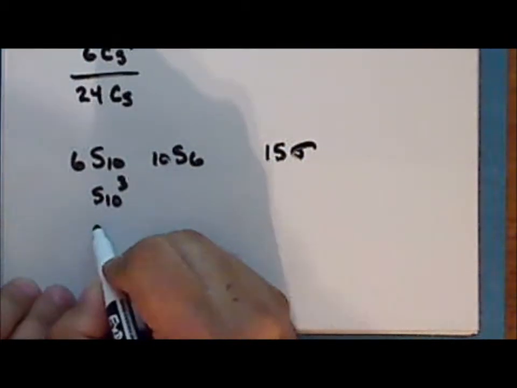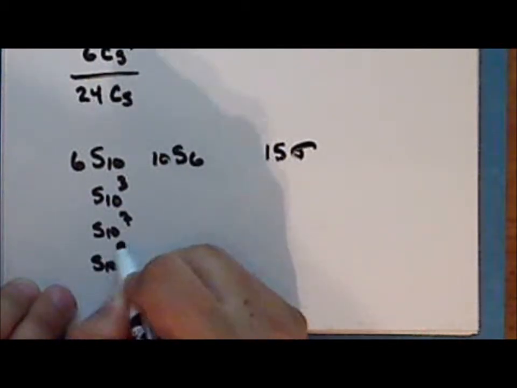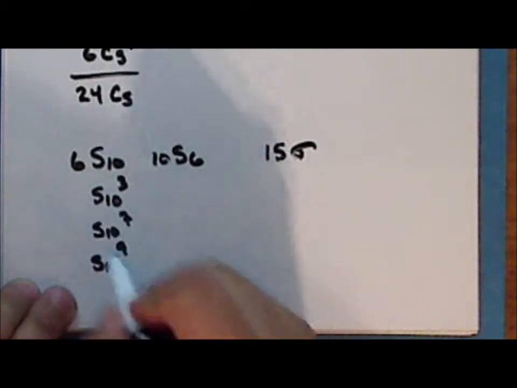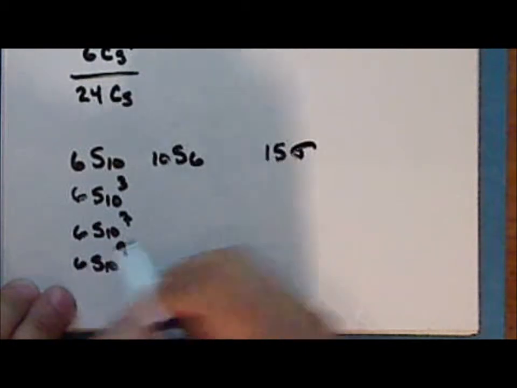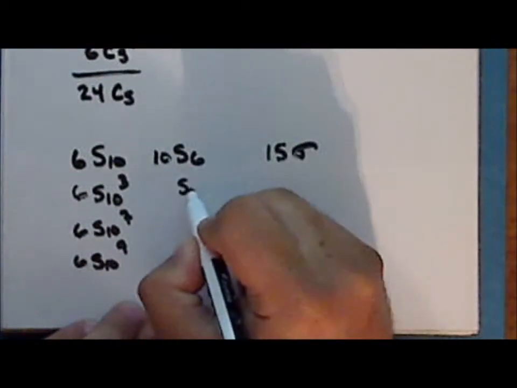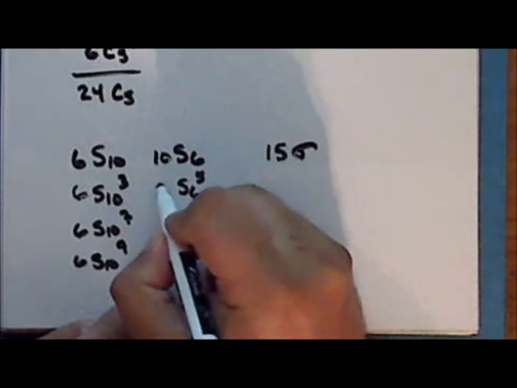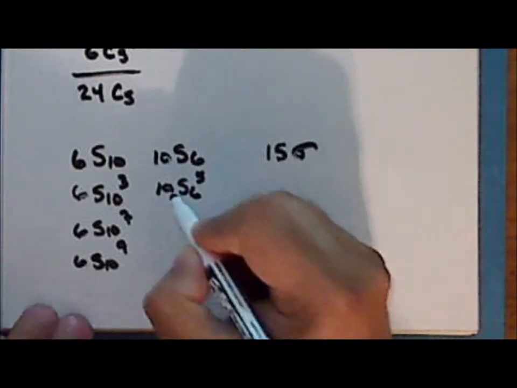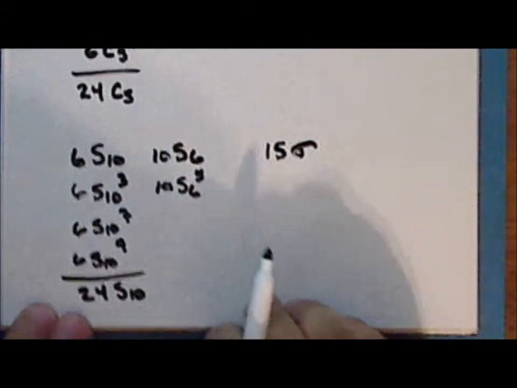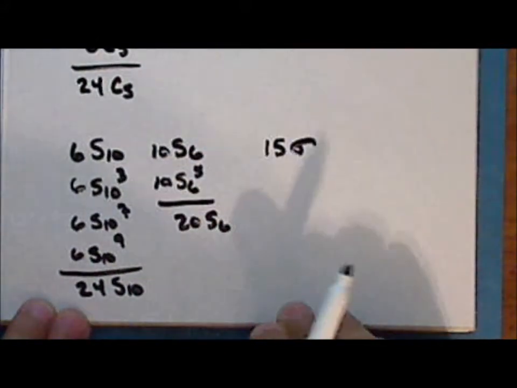We also have an S10 to the power of 7 and an S10 to the power of 9. 3, 7, and 9 are relatively prime to 10, so there are 6 of each of those. As we have an S6 operation, we also have an S6 to the 5th power, and there are 10 of those. So we have a total of 24 S10 elements and a total of 20 S6 elements.